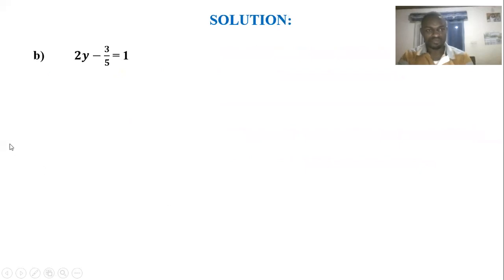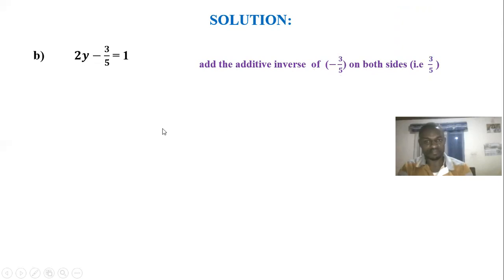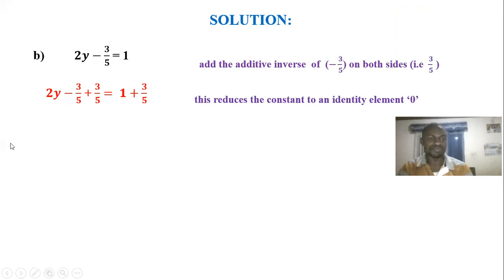We move to the B part of the example. 2y minus 3 over 5 equals 1. Again, it is in the standard form. We add the additive inverse of negative 3 over 5 on both sides, and this additive inverse is 3 over 5. 2y minus 3 over 5 plus 3 over 5 equals 1 plus 3 over 5.